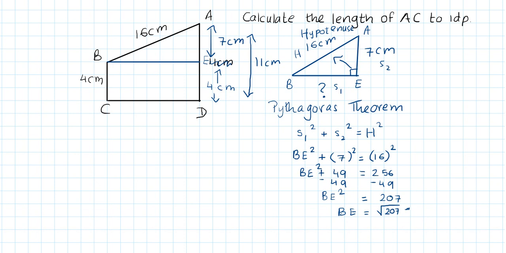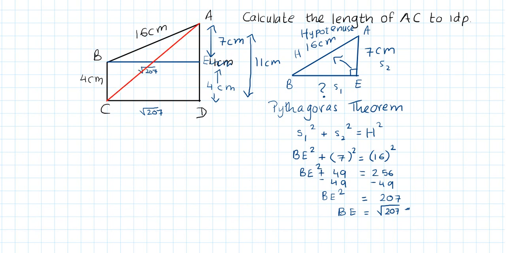Well, in a rectangle, opposite sides are equal. So if BE is square root 207, that means CD is square root 207. The original question is asking you to find the length of AC, which is this line here.